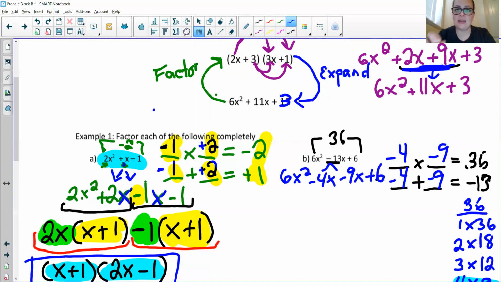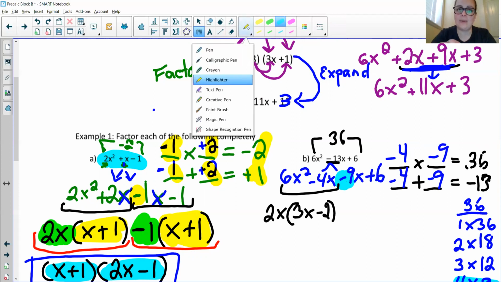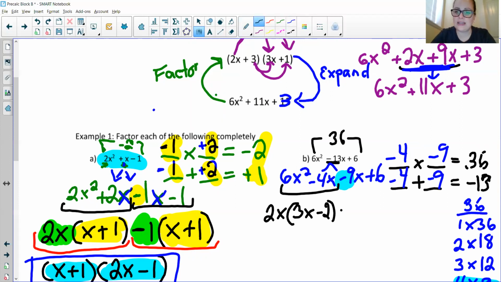Okay, and then we are going to factor the first two terms. The common factor between 6x squared and -4x is positive 2x. And if we divide that into both of those terms, we are left with 3x minus 2. Okay. And then again, for the second part, we use whatever symbol is here and we copy that down. So it's going to be a negative.